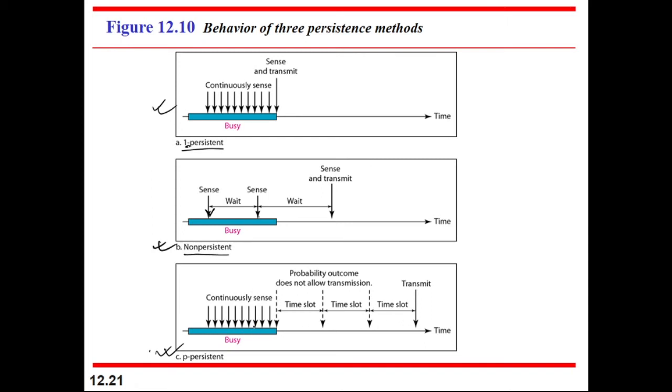Continuously the station is sensing whether the channel is busy or not. If the channel is idle, there are no other packets or frames inside the channel, it can send the data.